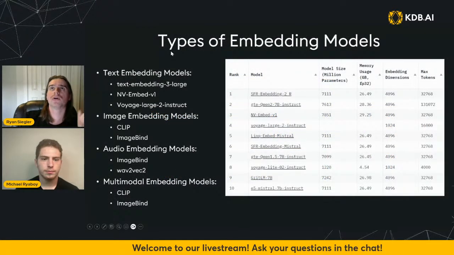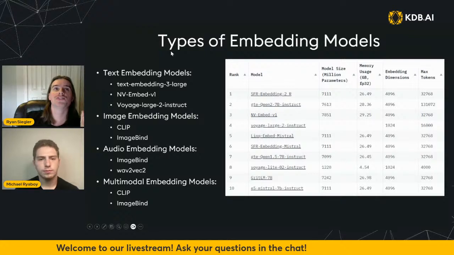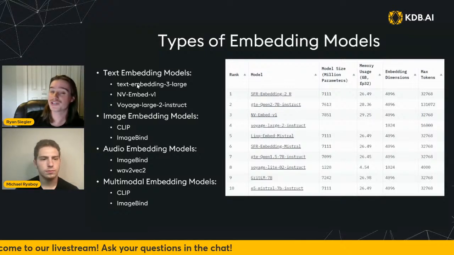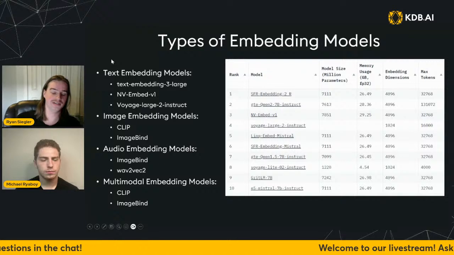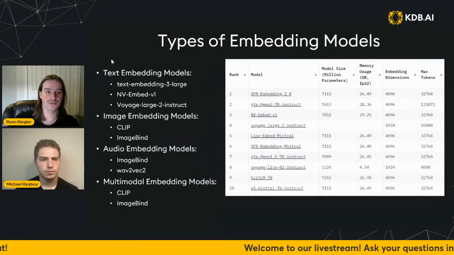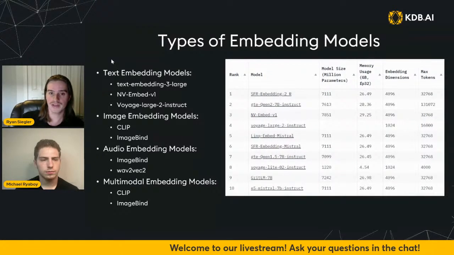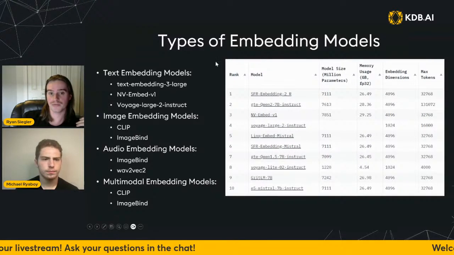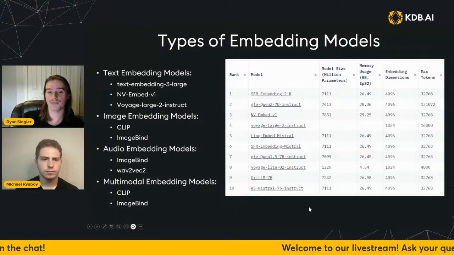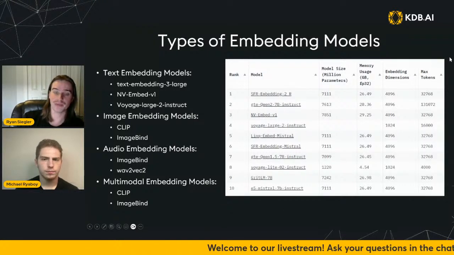All right, so there's a ton of embedding models out there, especially when you're looking at text embedding models. There are so many, and it's sort of hard to decide what would be the best one for my use case. And just a little sneak preview here, there is a benchmarking and ranking system on Hugging Face called the MTEB benchmarks.